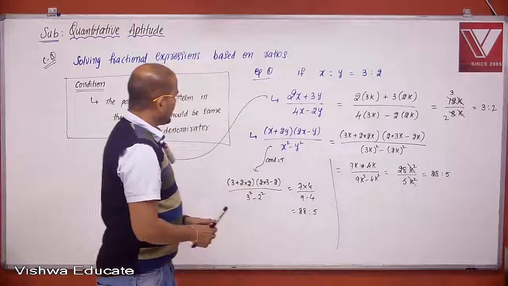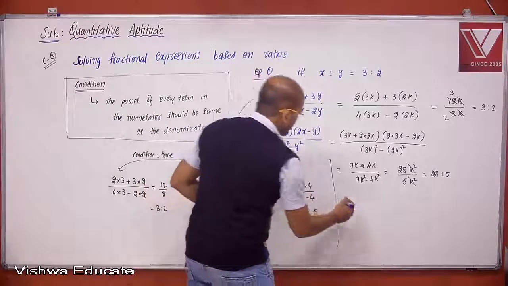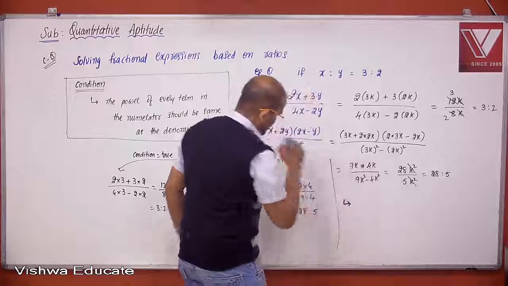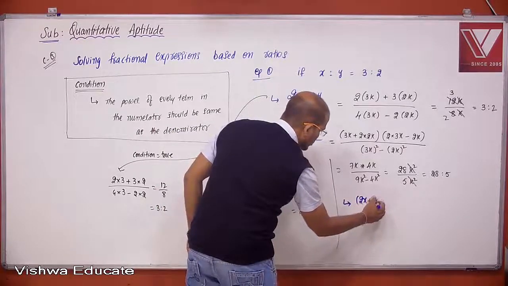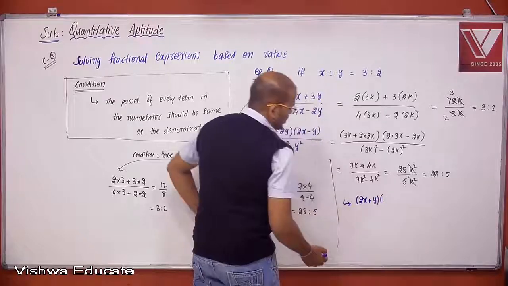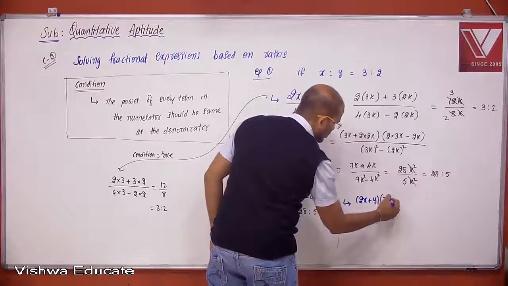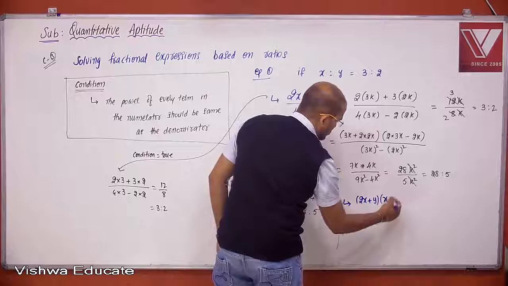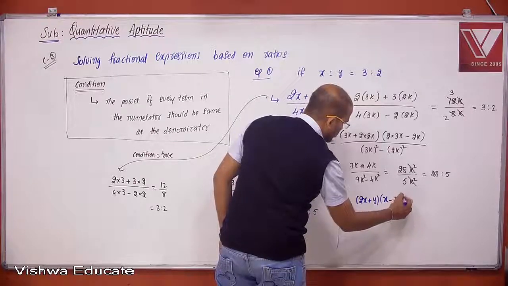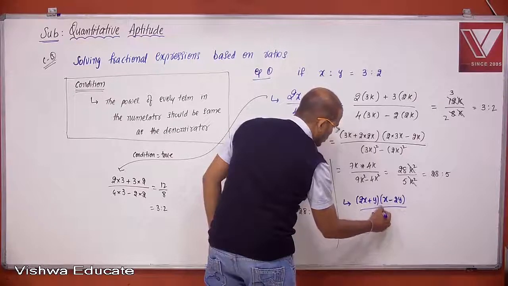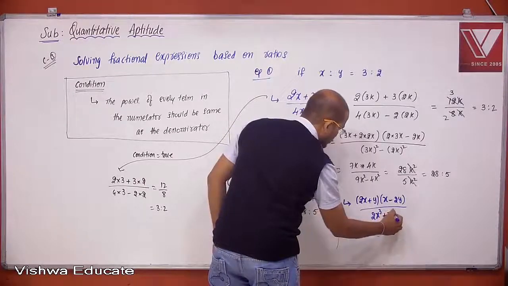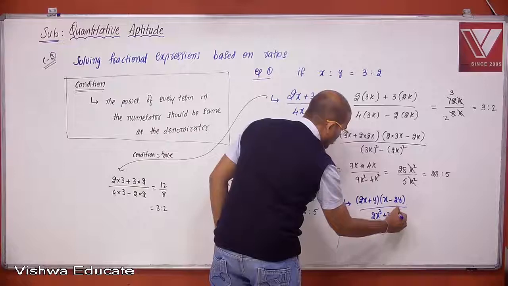Okay, so let me go for the third example. The third example is like 2x plus y into x minus 2y by 2x cube plus 3y square.